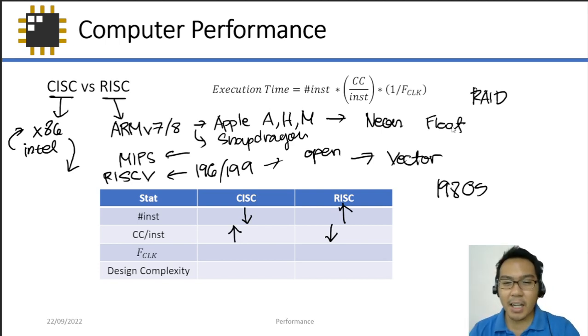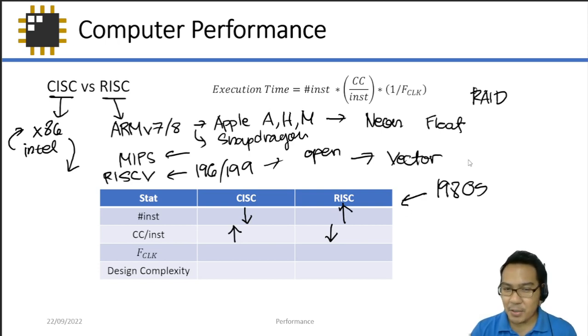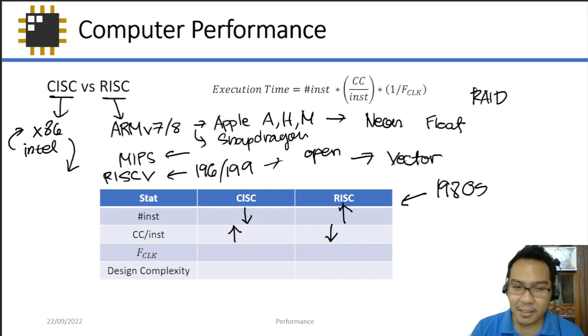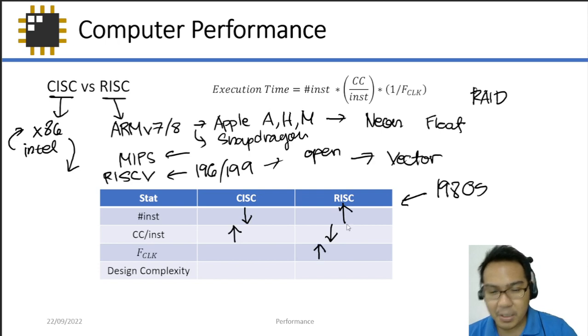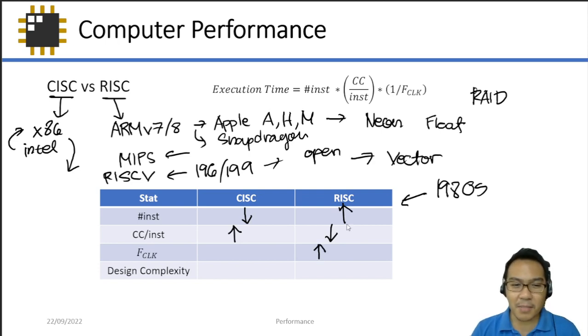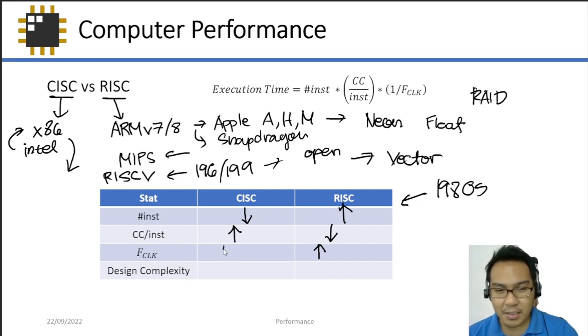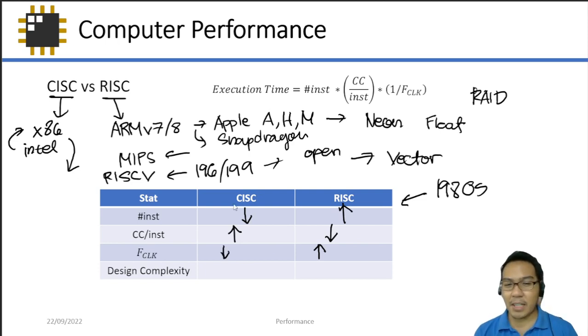But still, this is back in the 1980s, so none of this has happened yet. This is the motivation for the rise of RISC to begin with. Now, it used to also be that you could bump up the clock frequency much, much higher for RISC than you can for CISC, and that's because of the circuit complexity.